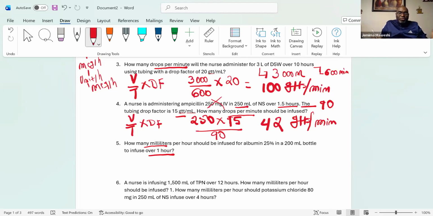Yes, the word over is right there. So here it's just volume over time, which is 200 milliliter over 1 hour. You're not going to convert the hour to minutes. No, because you are looking for milliliter per hour, your time must be in hours. So it becomes 200 milliliter per hour.